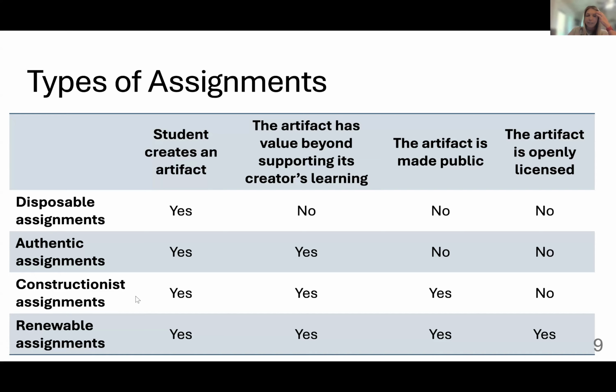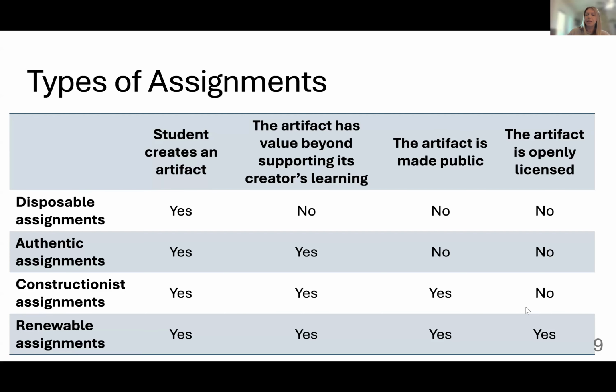We can have constructionist assignments where these are also made public, but maybe don't have an open license. And then at the bottom, the furthest on the spectrum would be that these also carry an open license so that others can build on that information. The defining feature is that the students are really actively participating in creating things that showcase knowledge that others will have access to, right?